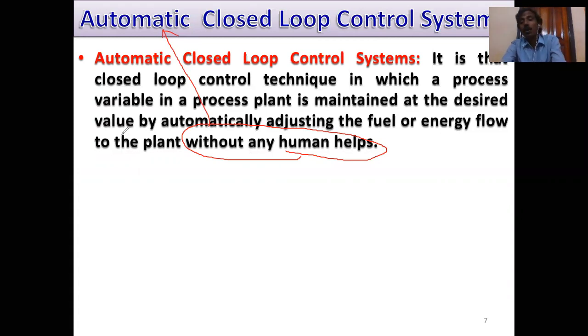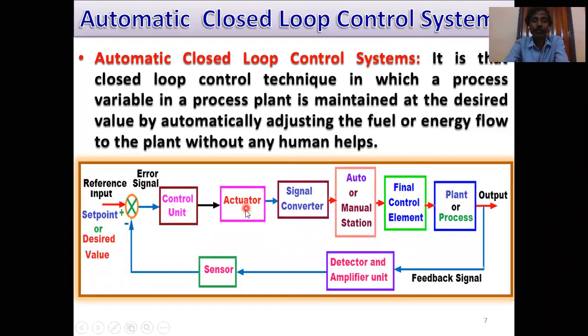Suppose our example is automatic generation control, automatic power generation control, one example. And this is the exact block diagram for automatic generation control. This section is the input section, or set point or desired value.